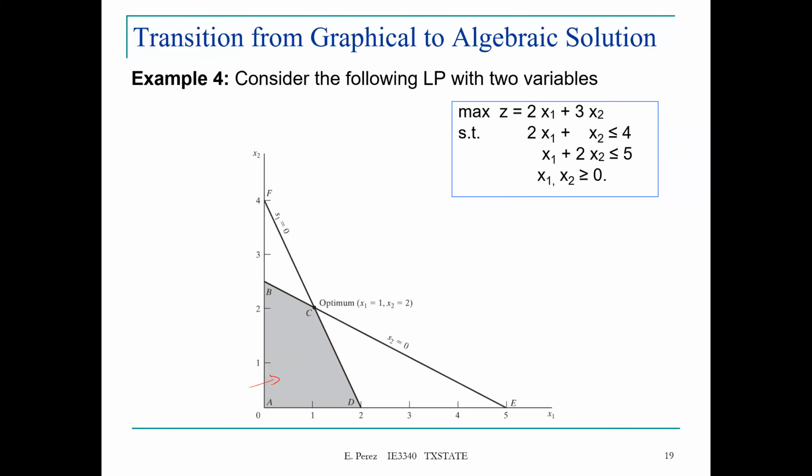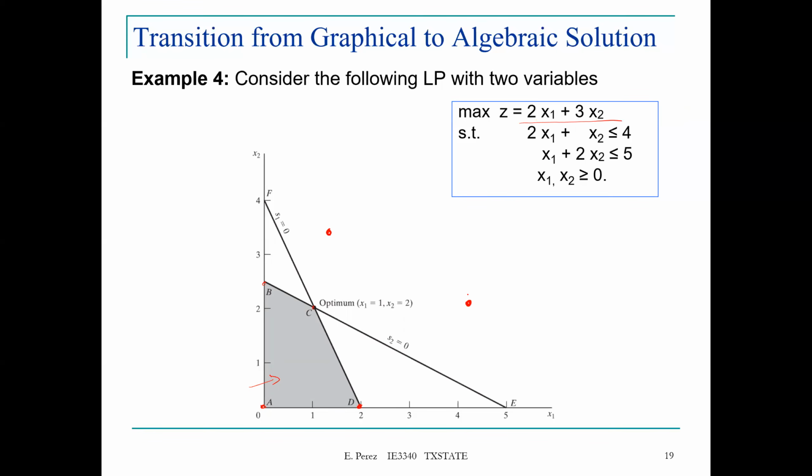But as we explained already, those optimal solutions are found in the corner points. So what we did to find our optimal solution is that we graph the objective function. We use an isoprofit line in the graphical method.